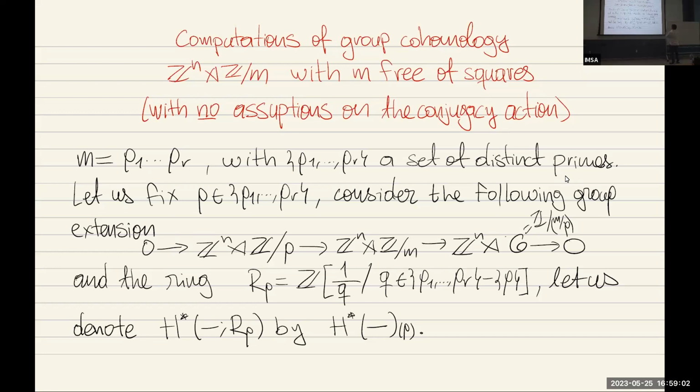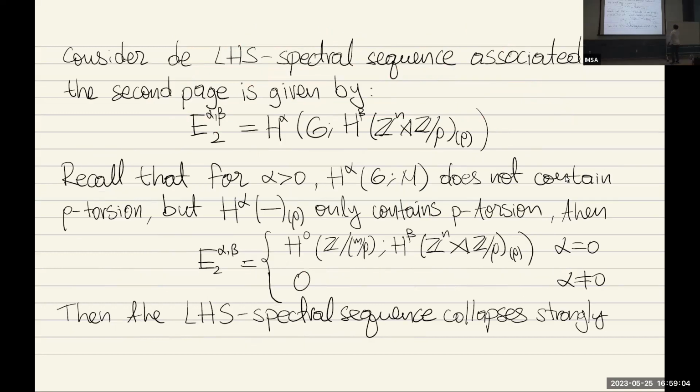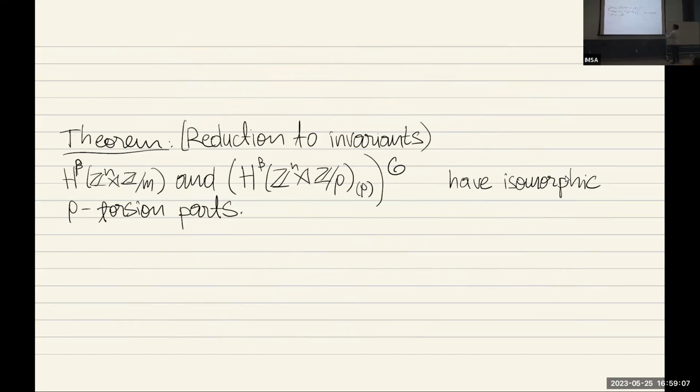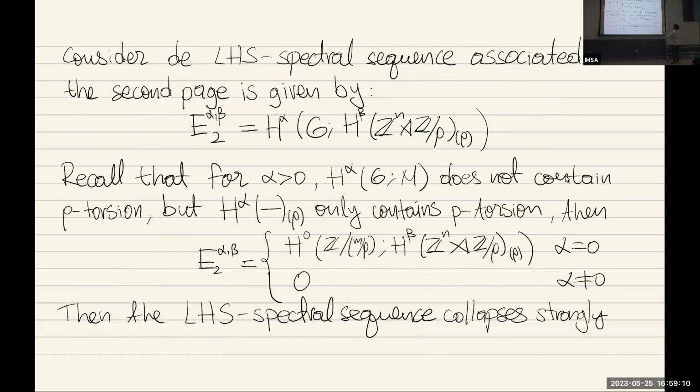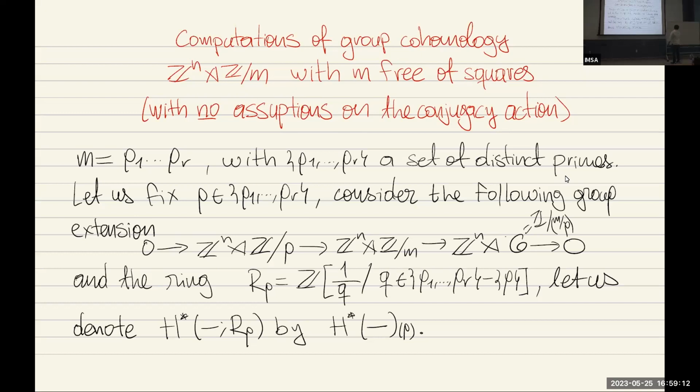The extension is this. This is the right extension. Forget the Z^n.